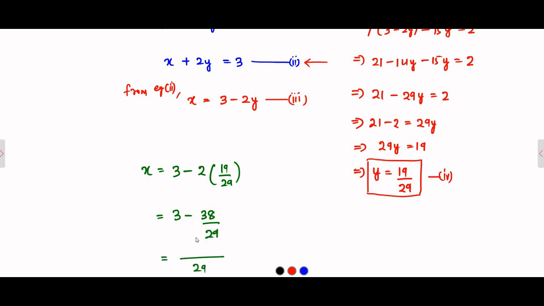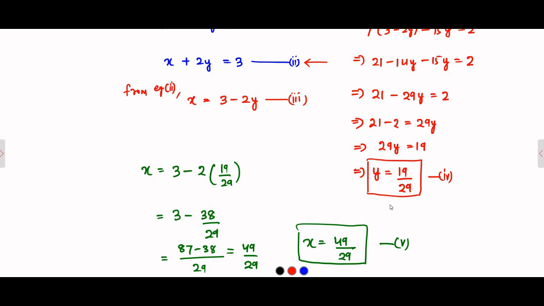So this is 29, 58, so it is 87. Okay, 87 minus 38, so it is 49 by 29. So x is equal to 49 by 29. We'll keep it in fractional form, we will not convert it into decimal. So x is equal to 49 by 29 and y is equal to 19 by 29.